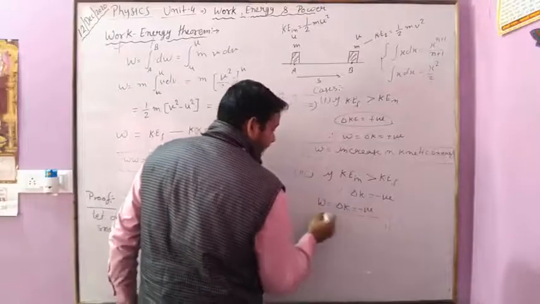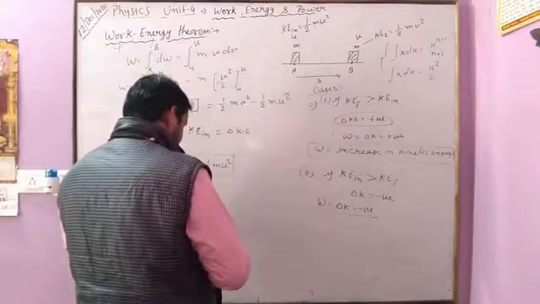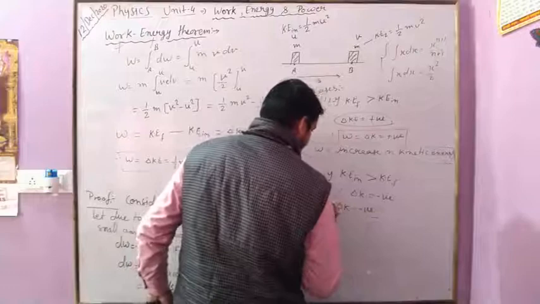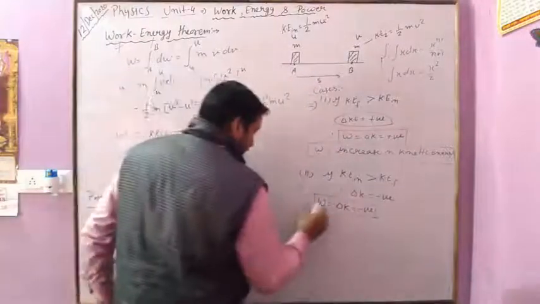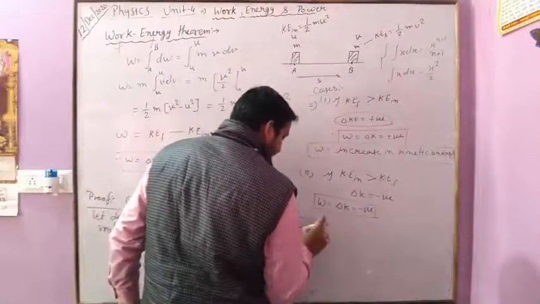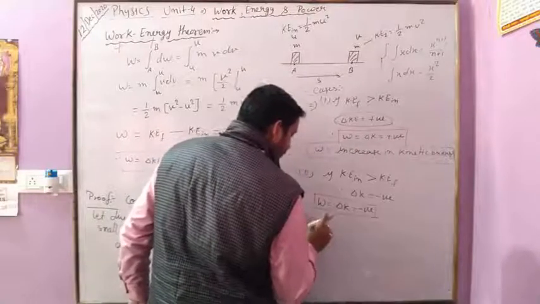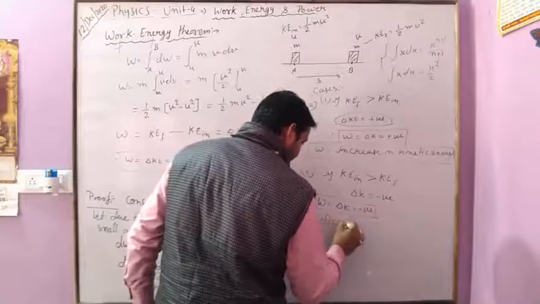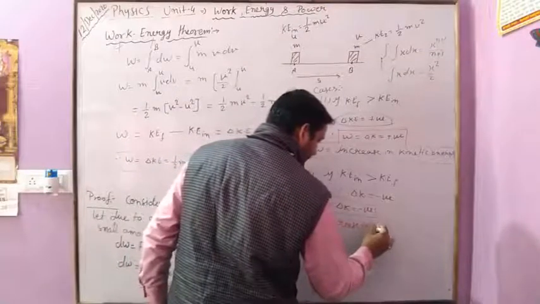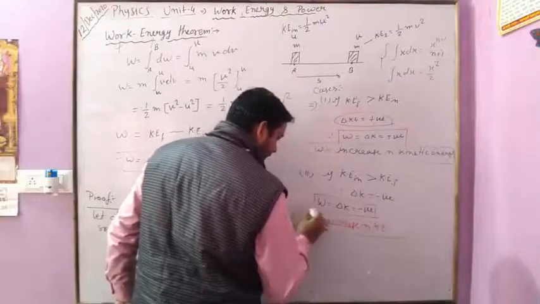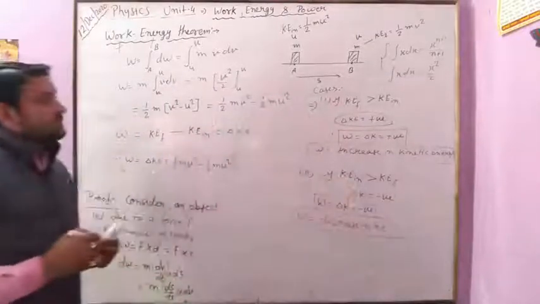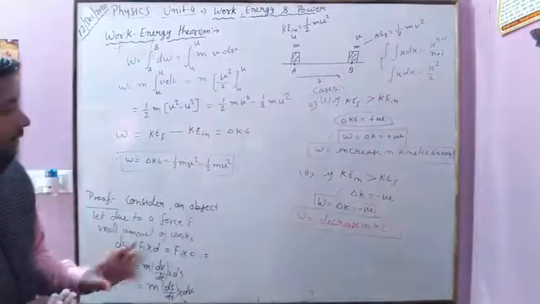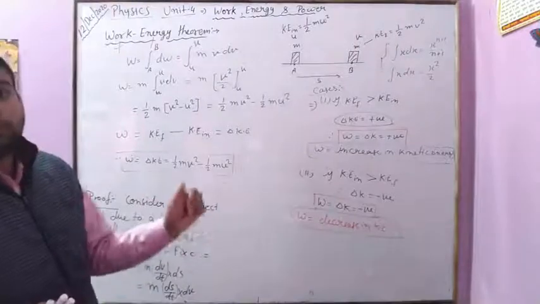Okay, first situation is this and second one is this. So this gives an idea that work done is equal to decrease in kinetic energy. Okay, this is the work energy theorem, gives an idea which help us to do numerical based on it.